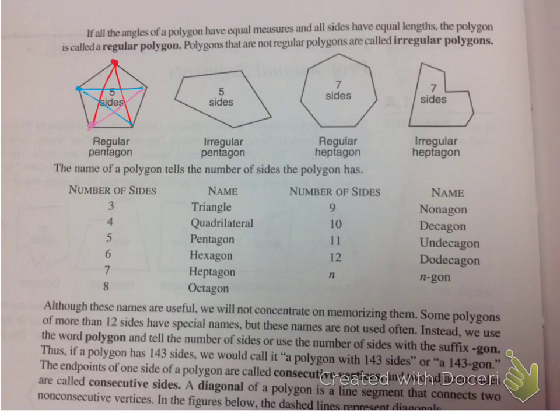Any others? No. Move on to the 7-sided one. 1, 2, 3, 4. Yes? Then we change colors, because we can. How about 1, 2, 3? Because the first one's already connected here, right? So we got 3, then we went to 4.